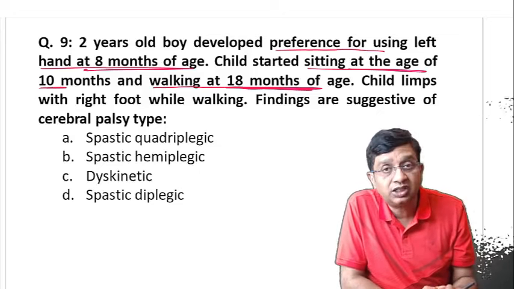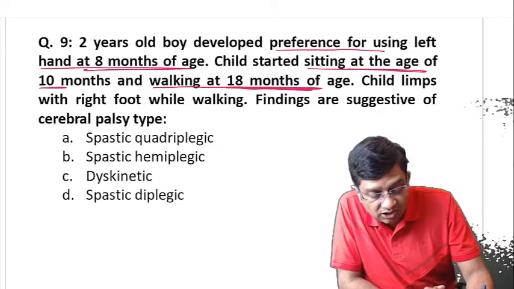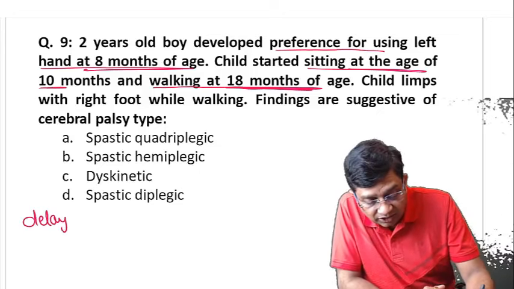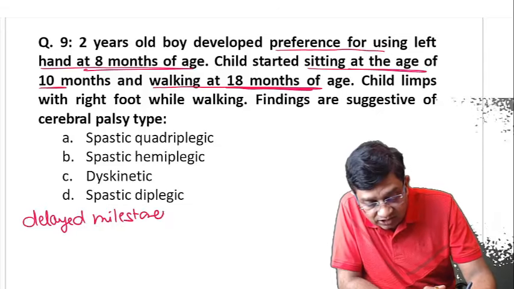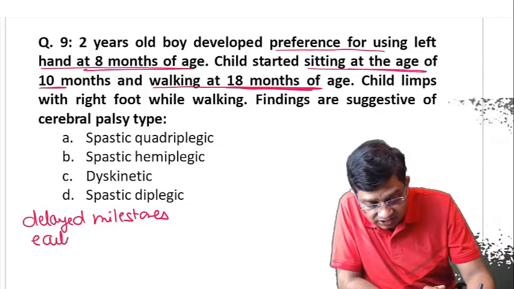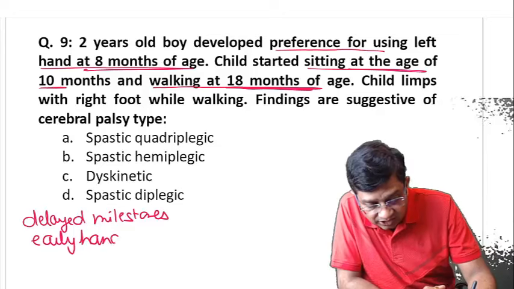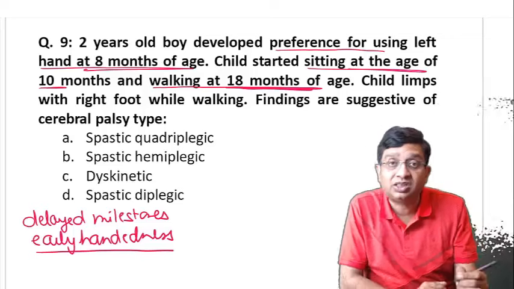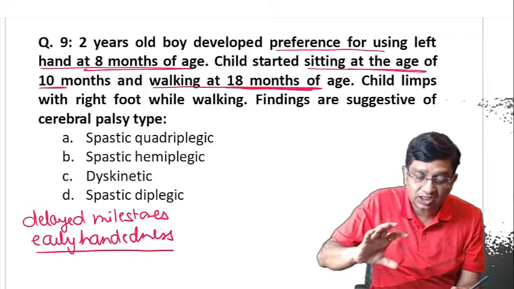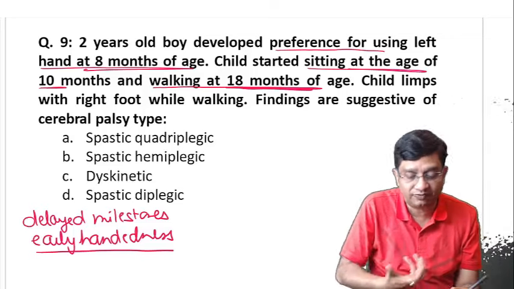So in this child there is one thing, that is delayed milestones, and secondly there is early handedness. Normally the handedness is established by 3 years of age. In this child, the child is preference of using the left hand.